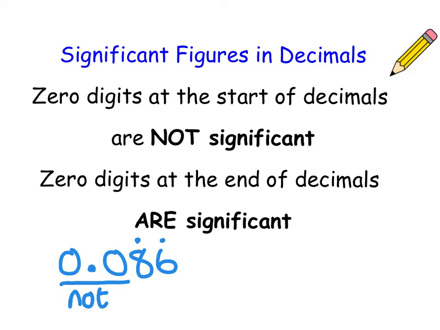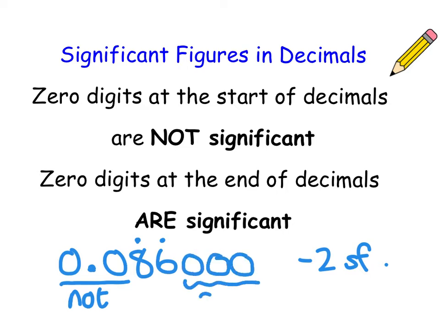So that number there has got 2 significant figures at the moment. So zeros at the beginning are not significant, but if I add zeros onto this, these ones are significant, and that changes that from being a 2 significant figure number to being a 1, 2, 3, 4, 5 significant number. So that one now has 5 significant figures.